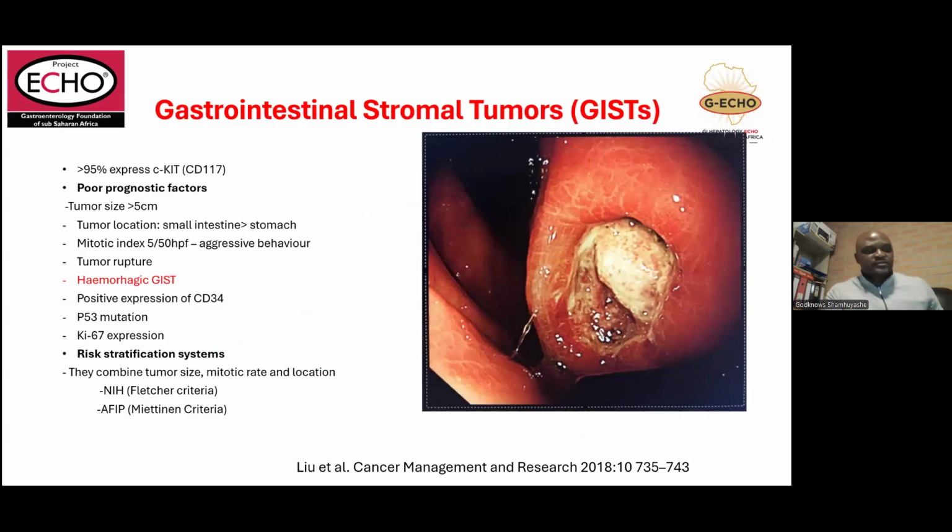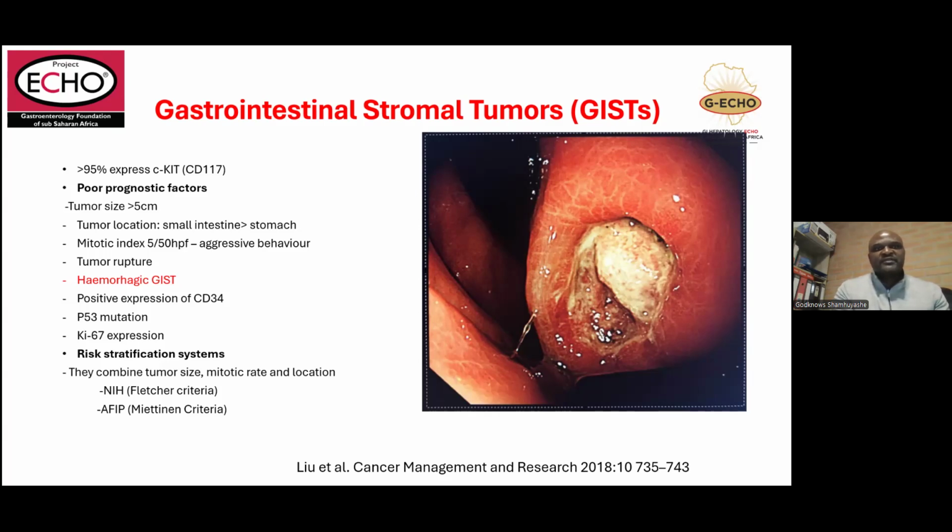Moving on to gastrointestinal stromal tumors, the GISTs. More than 95% of these express C-kit, that's your CD117. Your poor prognostic factors are a tumor which is very large, more than 5 centimeters, and also the location. You find that those in the small intestine tend to bleed more than the ones in the stomach.